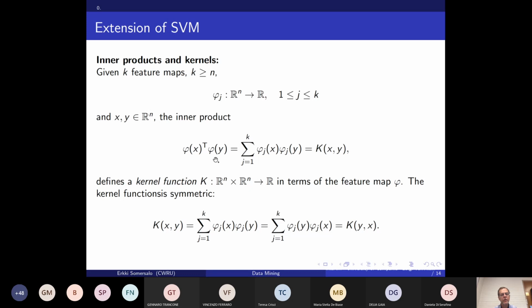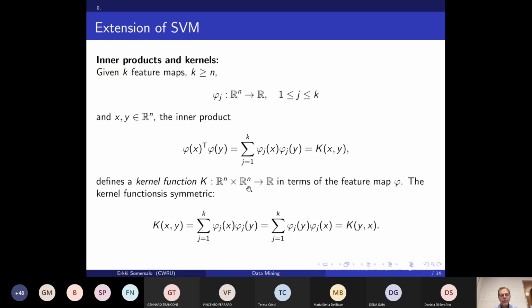The inner product is simply the sum of these feature maps, of course. I'm going to denote this finite sum by k, a kernel function. This kernel function is a function from R^n by R^n to R, so it is defined in the original data space R^n.